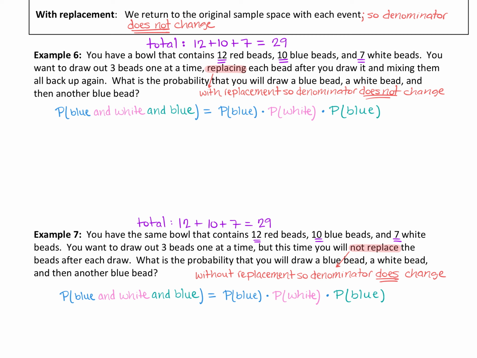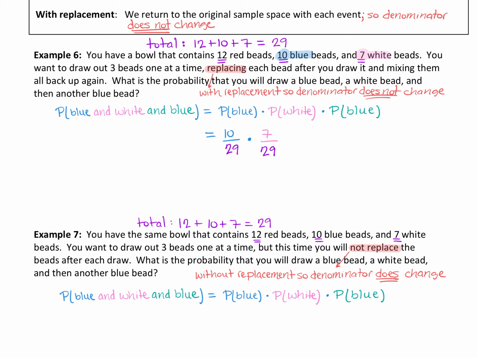So the probability of blue, let's see, there are 10 blue beads. So that's 10 out of 29. And we are multiplying that by the white beads. There are 7 white beads, so 7 out of 29.